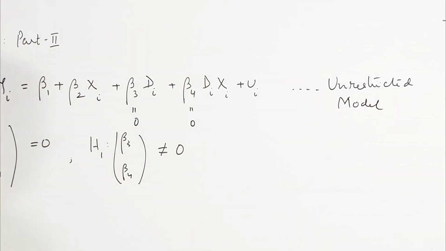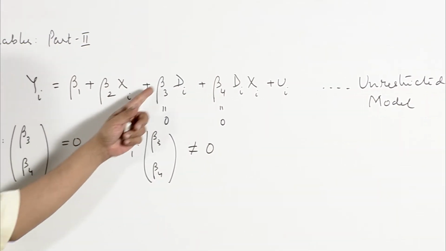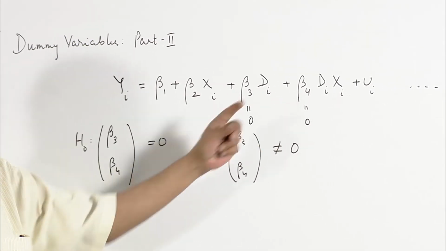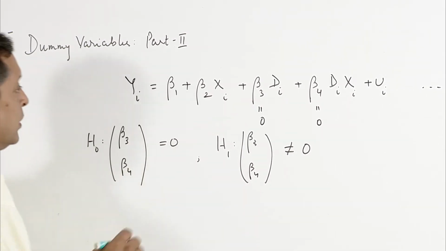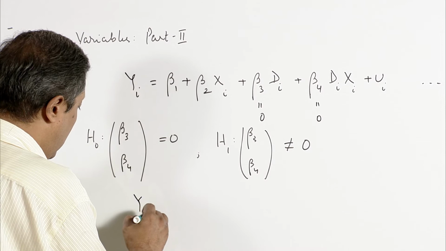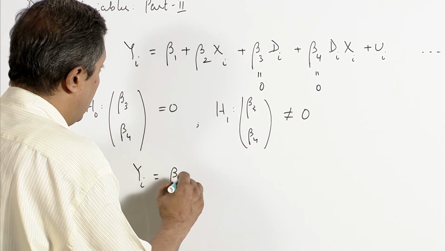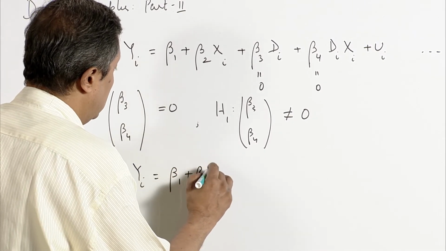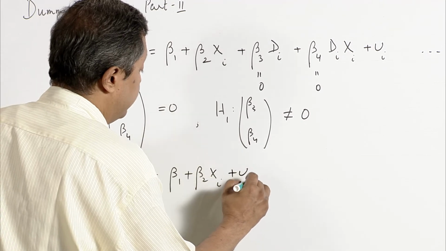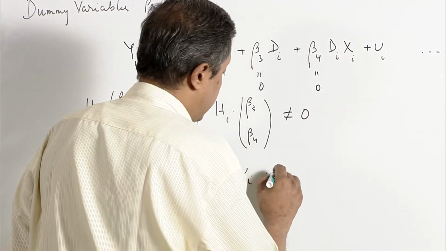Whereas the restricted model, what is the restriction? Beta 3 and beta 4 are 0. So, there are two restrictions. So, the restricted model would be y_i is equal to beta 1 plus beta 2 x_i plus u_i. So, that is the restricted model.